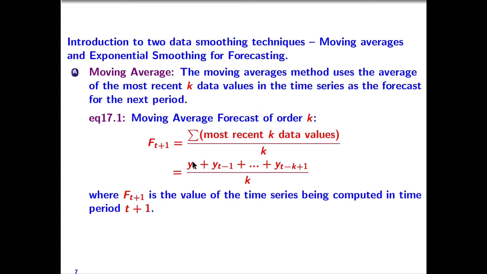So yt is the current value, and yt minus 1 is the previous value, and then we go down all the way to y sub t minus k plus 1, and k is our order, and k is the number of data points used for averaging.